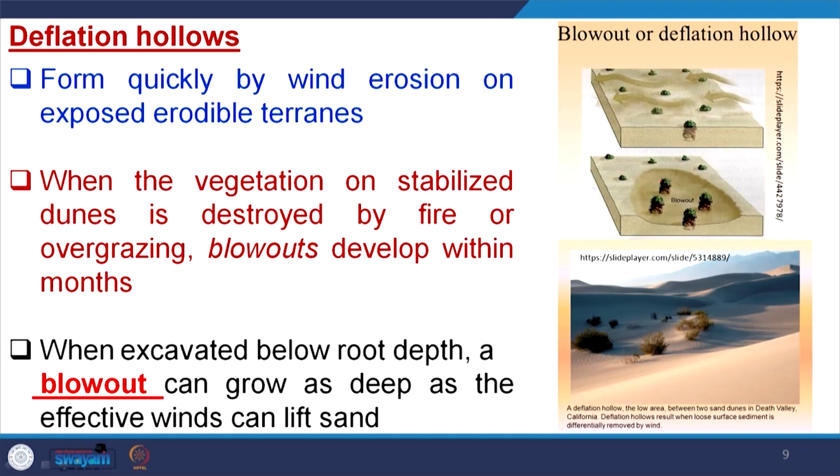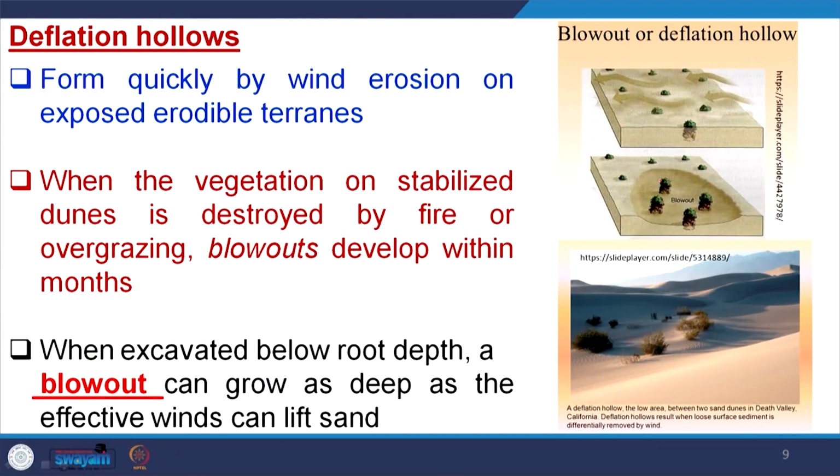Then another type of erosional feature is called deflation halos. We know deflation is the selective removal of finer materials. Once the finer material is removed, it creates desert pavement, but sometimes the removal of material may extend to a certain depth so that it reaches the root level of the associated vegetation. These form quickly by wind erosion on exposed erodible terrains.